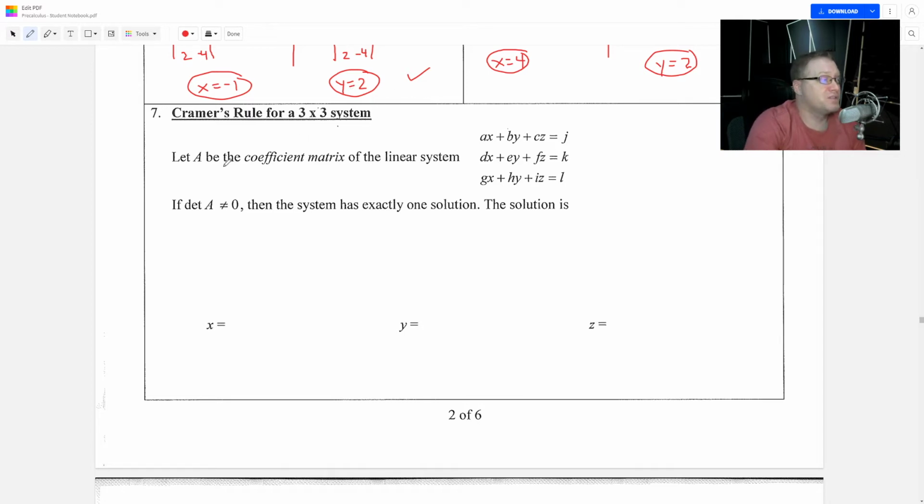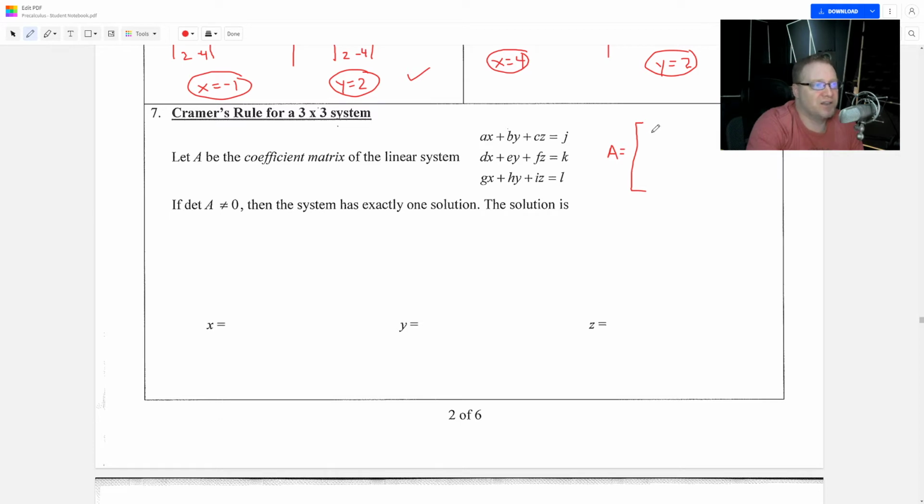The first thing, we're going to say that A is the coefficient matrix of a linear system. So what is A going to look like? I'm going to draw it like this. A is going to look like this.